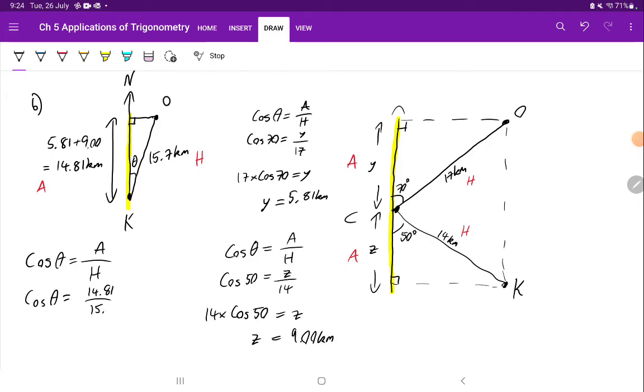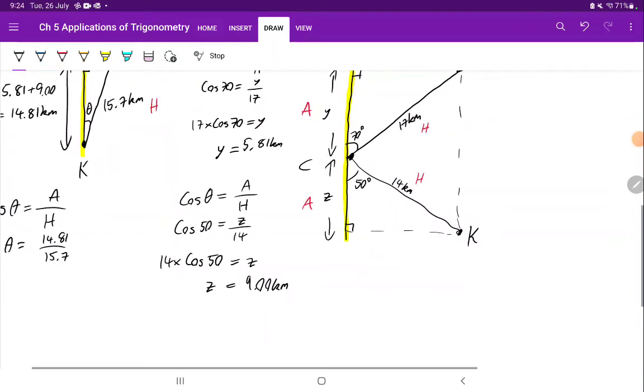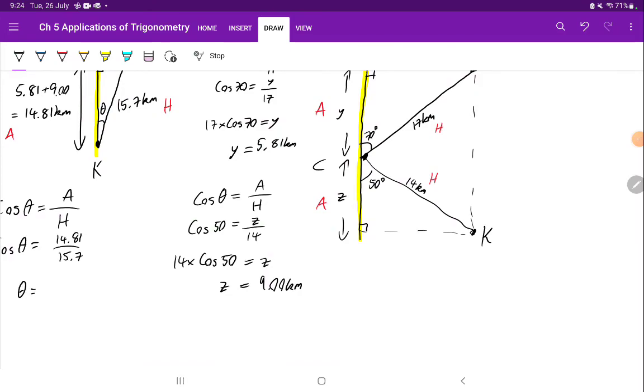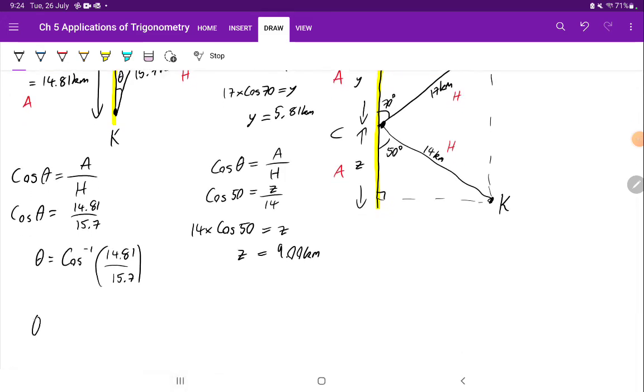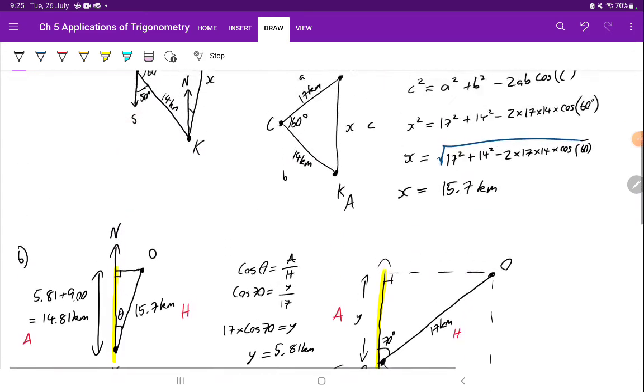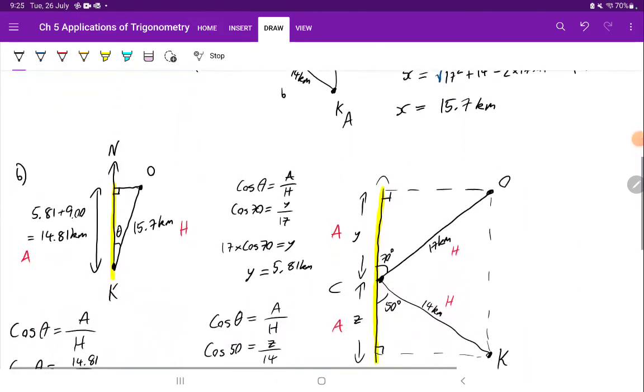Move cos to the other side. Theta is equal to cos negative 1 of 14.81 over 15.7. And therefore theta is equal to 19.384..., and it wanted it to the nearest degree, so I can round that to 19 degrees.